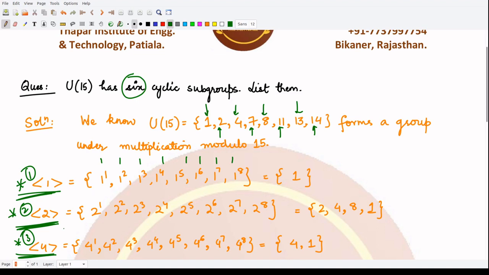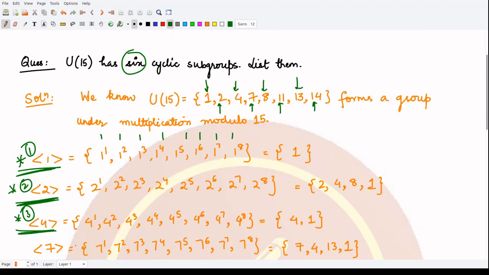Correct. Next let's have a look at the subgroup which is generated by 7. It could be written like this: 7 raised to power 1, 7 raised to power 2, 7 raised to power 3 and so on up to 7 raised to power 8. So 7 raised to power 1 is just 7. 7 raised to power 2 is 49. When you calculate 49 mod 15, how much is that? It is equal to 4.